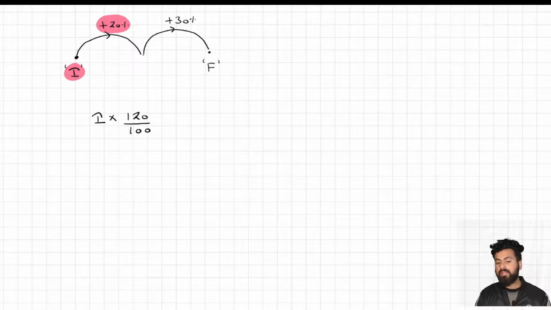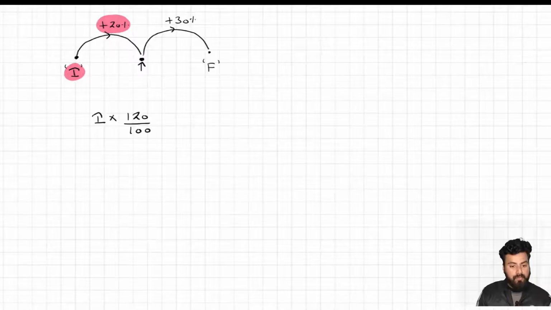I hope you can recall the concept. So after the first operation, an increase of 20%, the value I will change to I into 120 upon 100. So if someone asks you what is the value after the first operation, you would say it would be I into 120 upon 100.